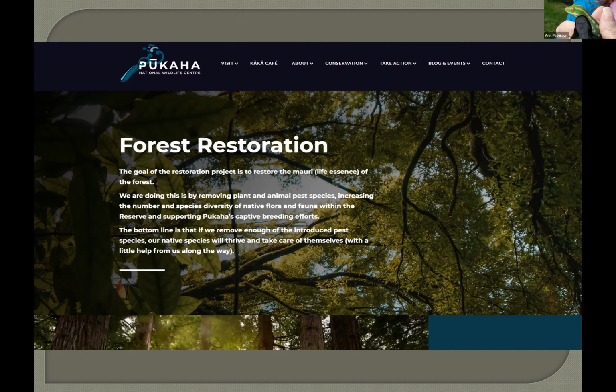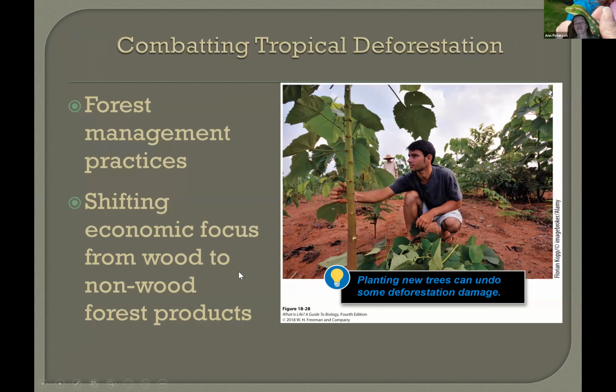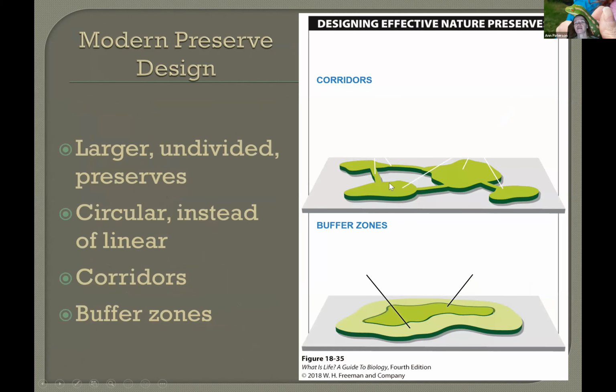And instead of just being concrete or a tunnel, it's got all sorts of living things on it. And this is an example of a remarkable forest restoration project where they're removing introduced species and introducing native species. So there's a lot of things that can potentially be done, and there's a lot being learned about how to create the most effective possible preserve.